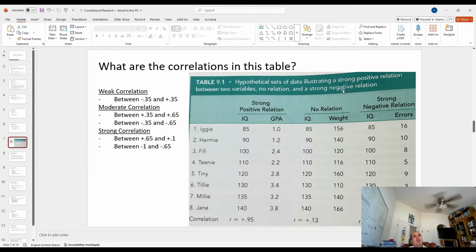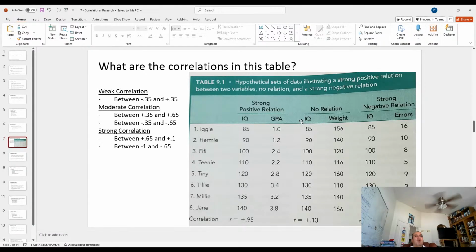But the lower the IQ, the more errors there are going to be on the exam. And this is almost without fault, with a 0.89, but it's a negative 0.89 correlation, meaning the higher the IQ, the fewer the errors you're going to have on an exam. So that means you have a very strong negative correlation. Not as strong as the GPA one, but very, very close to it.